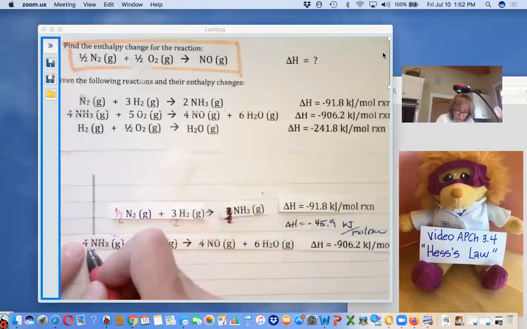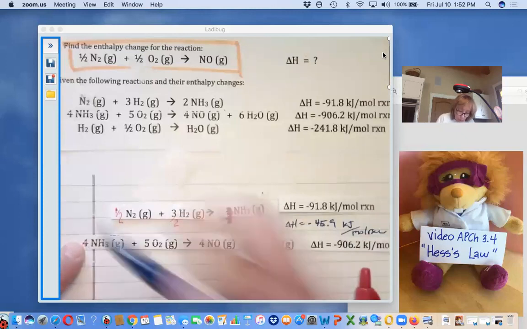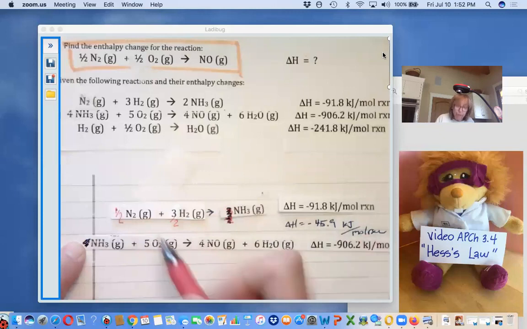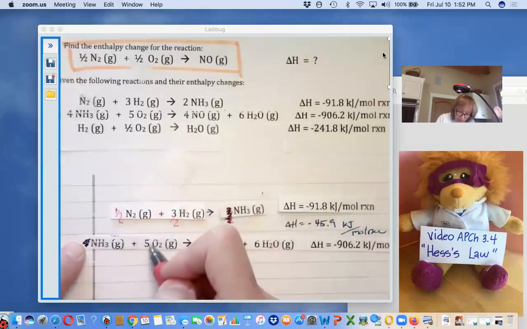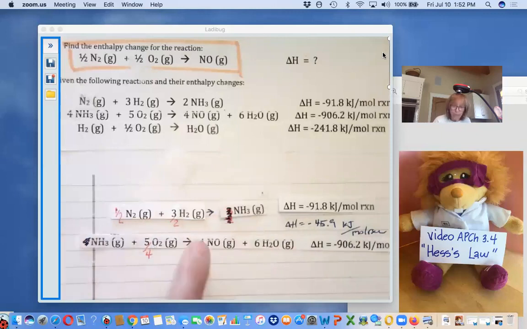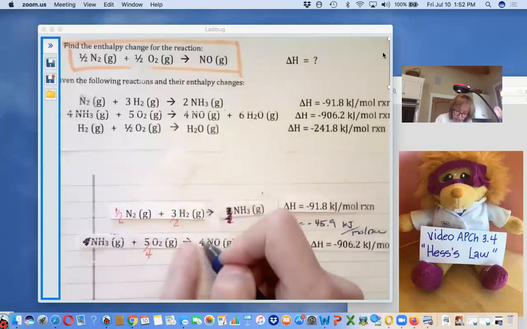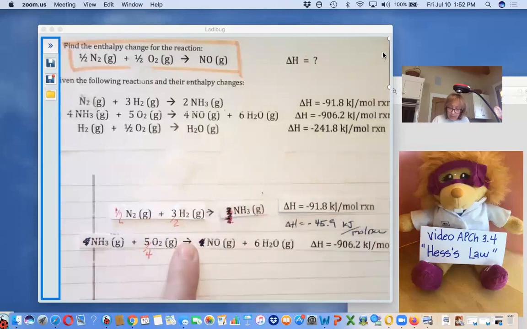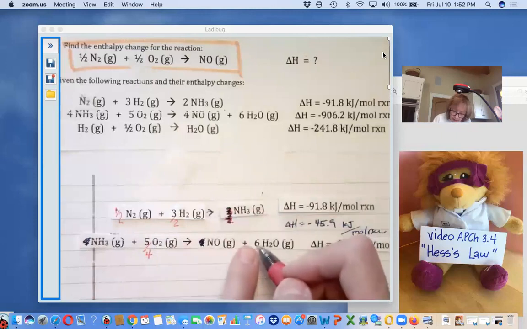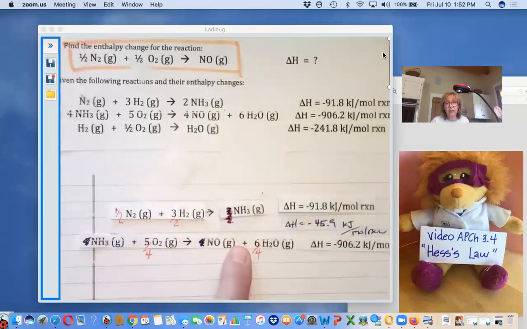So 1/4 of 4 is 1. 1/4 of 5 would be 5/4. 1/4 of 4 is 1. And 1/4 of 6 is 6/4.